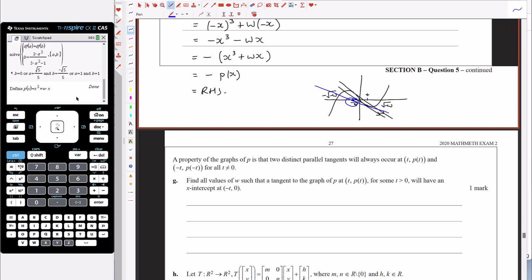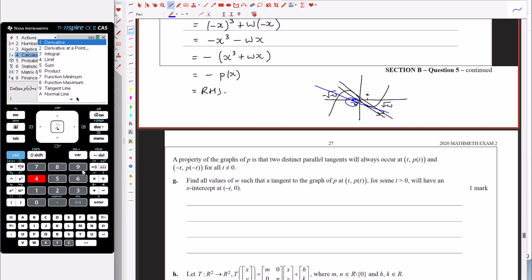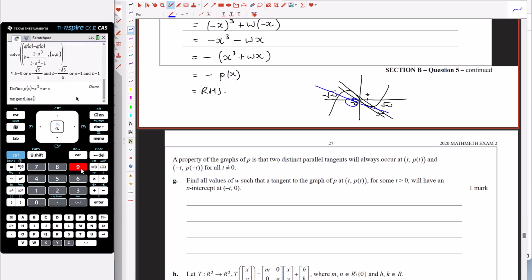Okay, so let's get a generic equation for the tangent. Let's do menu 9. We're going to do tangent to P of x at x equals t.